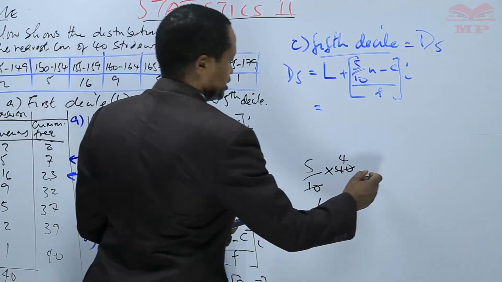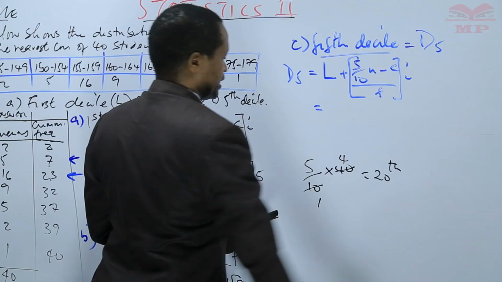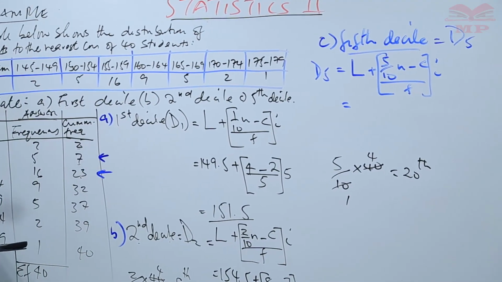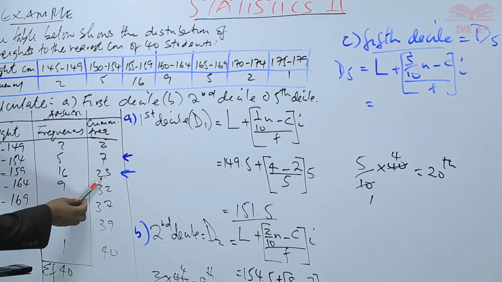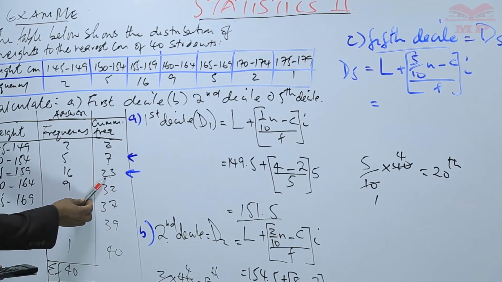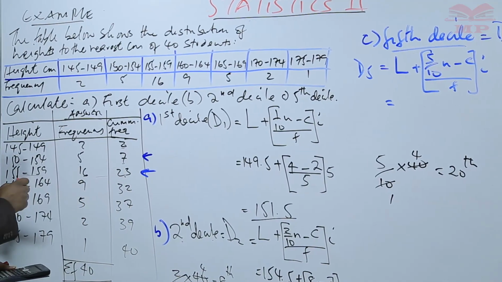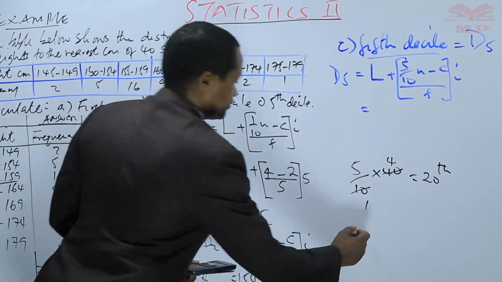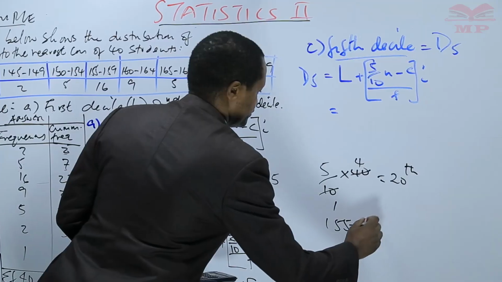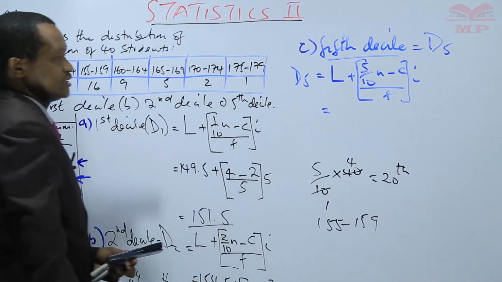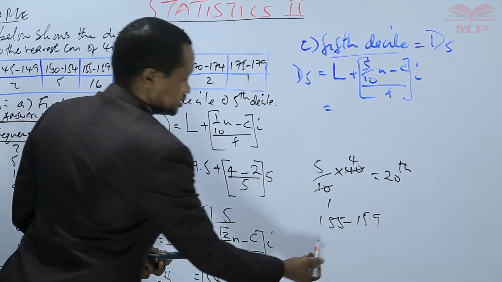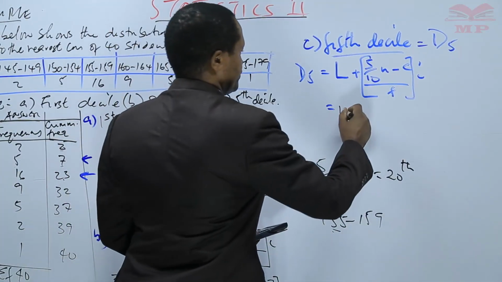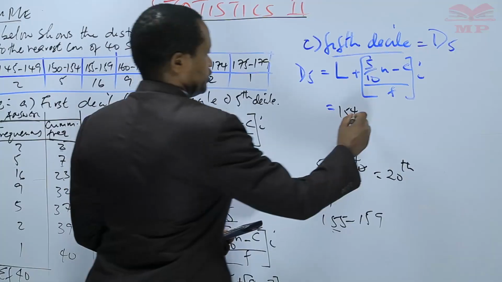So where does the 20th student lie? So we come to the cumulative frequency. The 20th student will lie here. Which class? The class is 155 to 159. So the lower class boundary is 154.5.